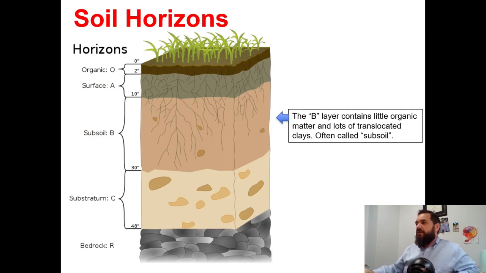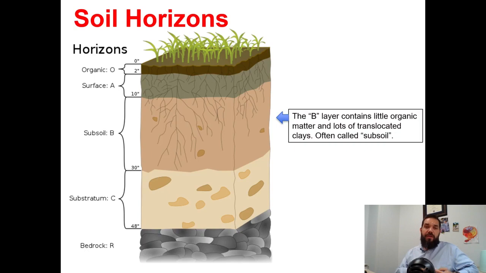Now the B layer, which is below the A layer, contains some organic matter. A lot of that material has been translocated by eluviation. It has a lot of clay that has been translocated, and it's often called the subsoil. So it's clay rich. It often does have a lot of nutrients in it, but it doesn't have very much organic matter.